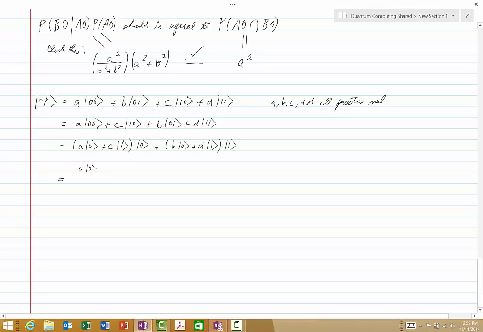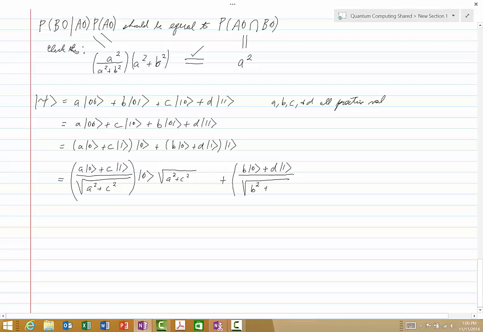So we get A 0 plus C 1 over the square root of A squared plus C squared, and then we'll have 0 and square root of A squared plus C squared, plus B 0 plus D 1 over square root of B squared plus D squared, 1, square root of B squared plus D squared.